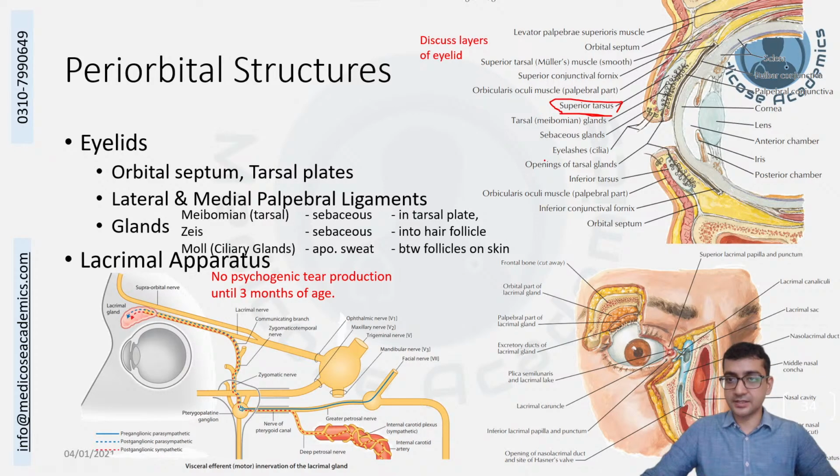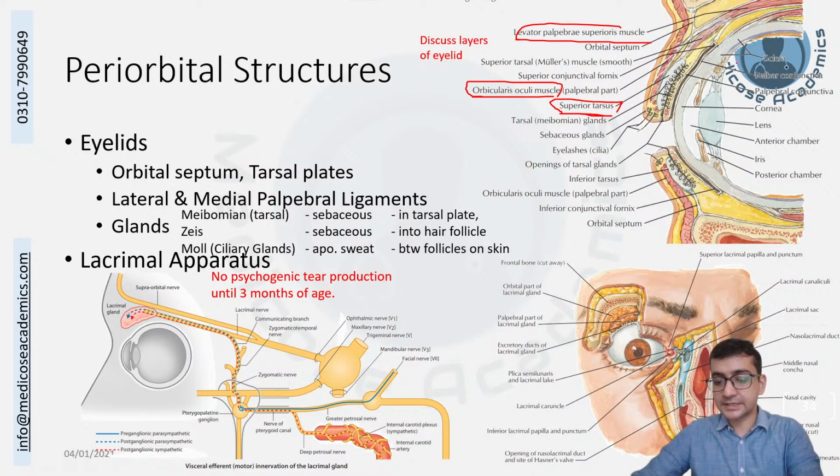Here it is written as tarsus. On the anterior aspect of the tarsal plate, there is the orbicularis oculi muscle, and there is the tendon of the levator palpebrae superioris. This muscle, you can see, is coming and inserting on the anterior aspect of the tarsal plate.